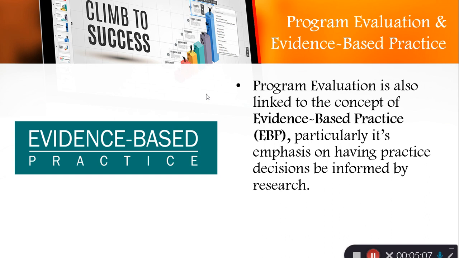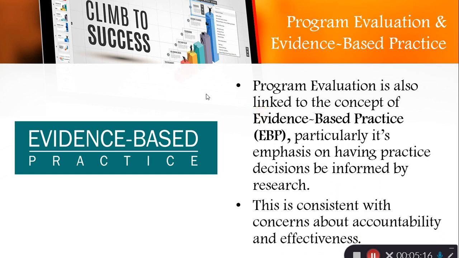Program evaluation, just like all of the other designs that we've discussed, is also linked to evidence-based practice, particularly its emphasis on having practice decisions be informed by research. This is consistent with concerns about accountability and effectiveness. So far, the designs that we have discussed have really been about looking at the effectiveness of an intervention based on direct individual practice with clients.